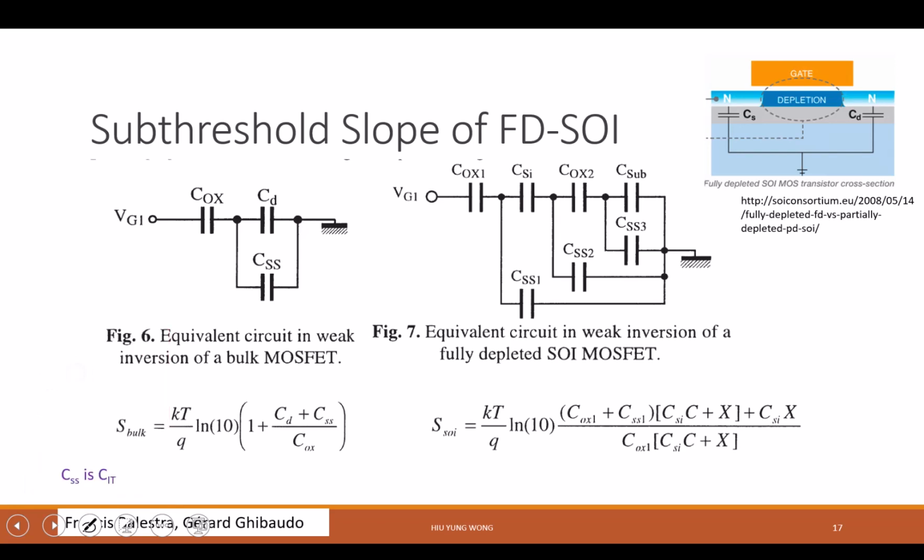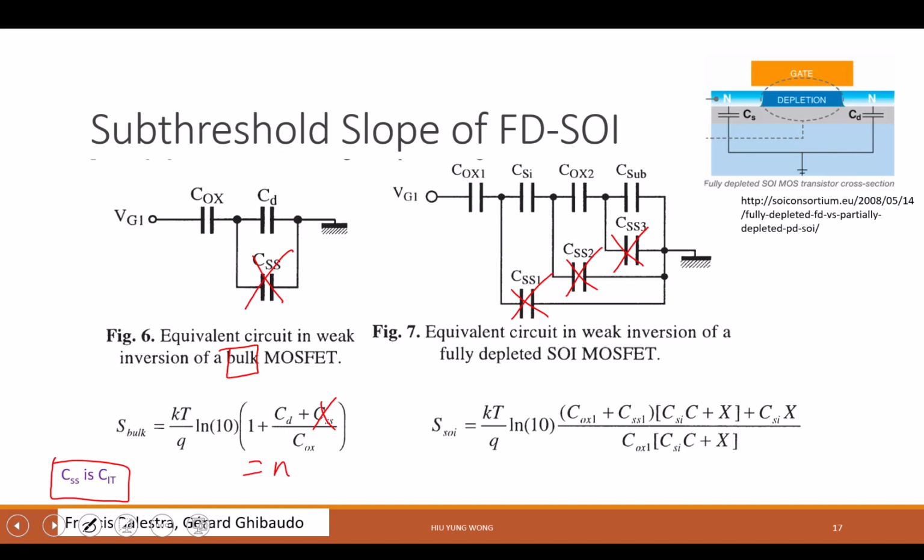To make it simple, let's remove all this SS. These are related to the traps, so let's assume there are no traps. This is for bulk. Isn't that exactly what we discussed earlier? 1 plus CD divided by COX, which equals N.